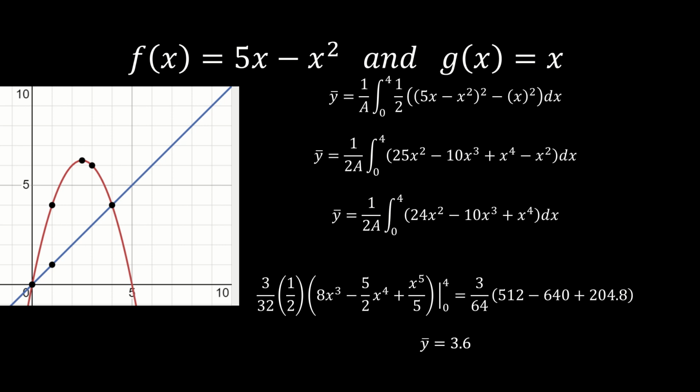remember, whenever you're solving the y coordinate of our centroid, you must be careful to square the top function and the bottom function separately and then take their difference. Also, remember to add in the 1/2 that we're multiplying by.